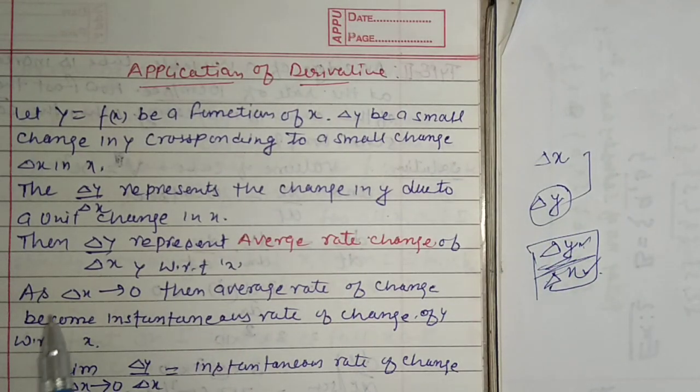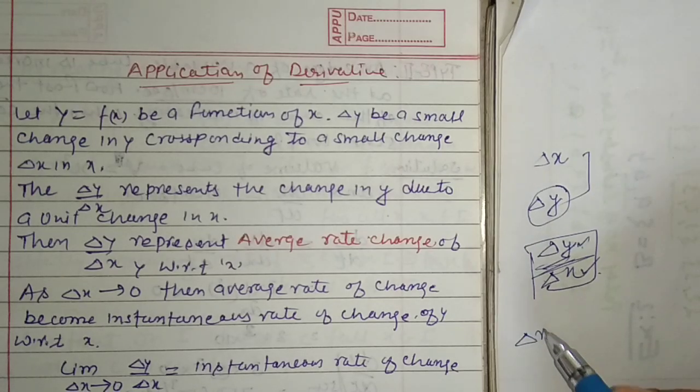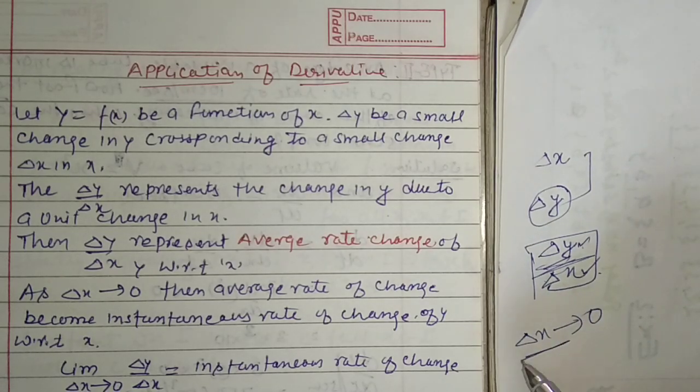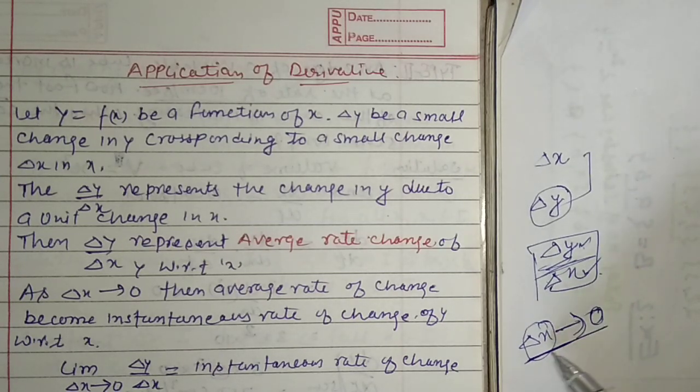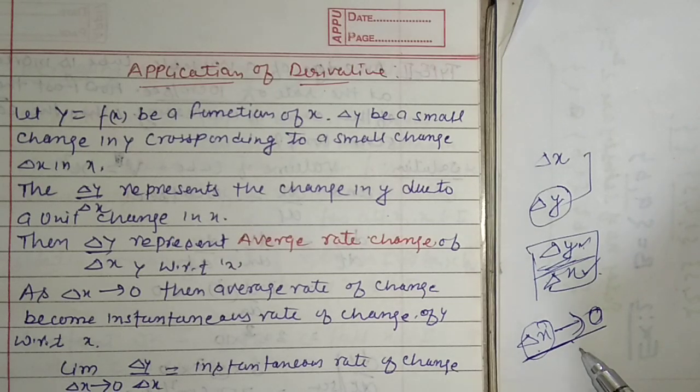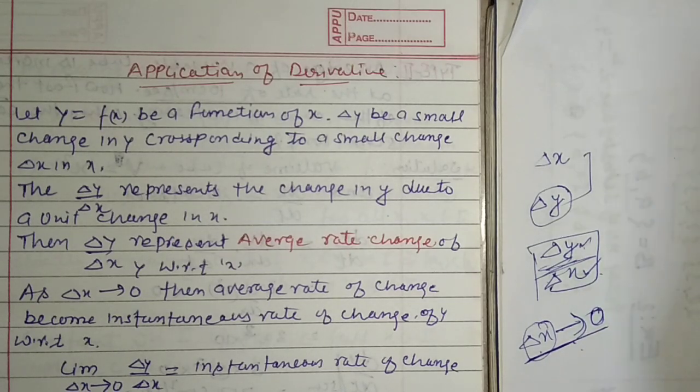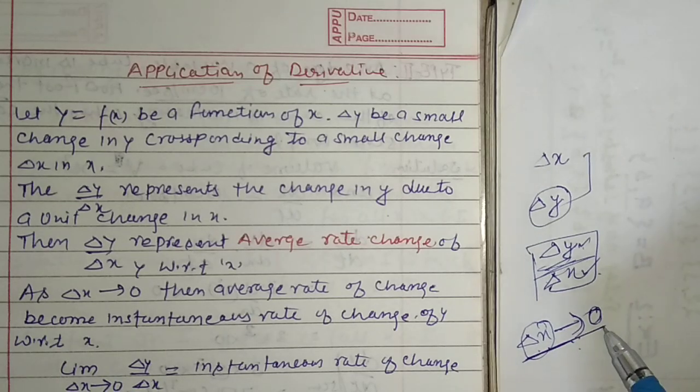Clear? As del x tends to 0, means as change in x gets very close to 0, जैसे जैसे हम 0 के क्लोज आएंगे means change को कम करते रहेंगे, then this is called the instantaneous rate of change, when we move del x very close to 0.